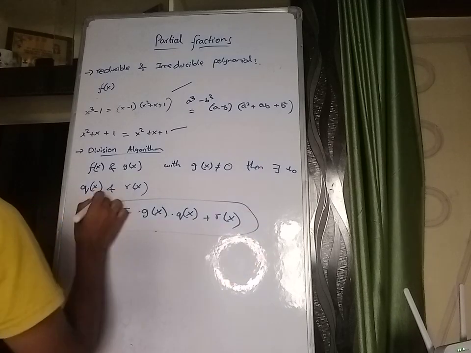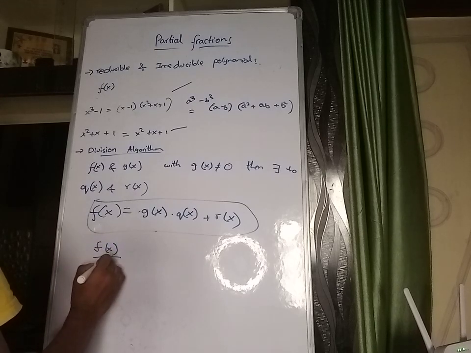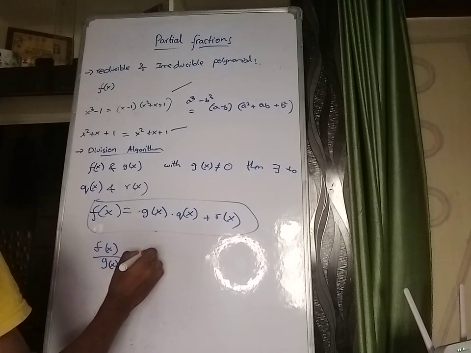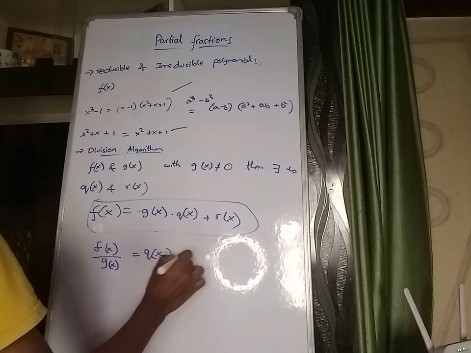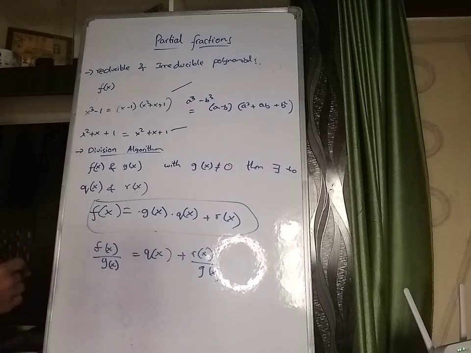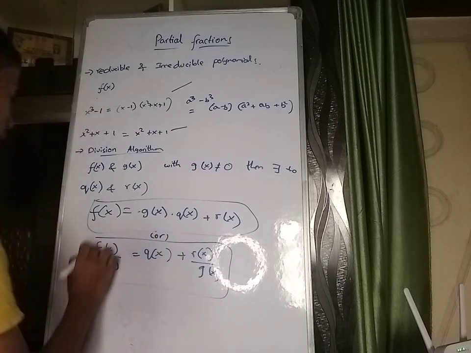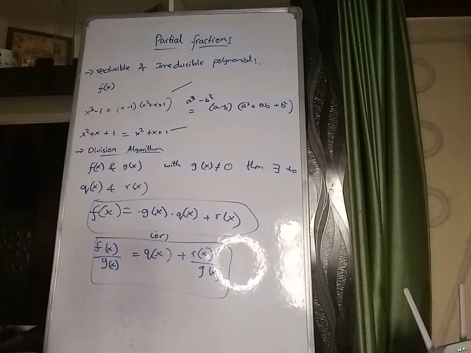Or we can write f of x by g of x equals q of x plus r of x by g of x. This is about the division algorithm.